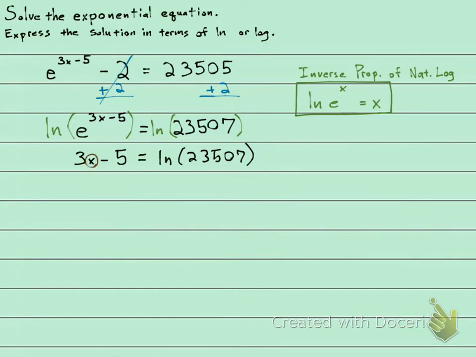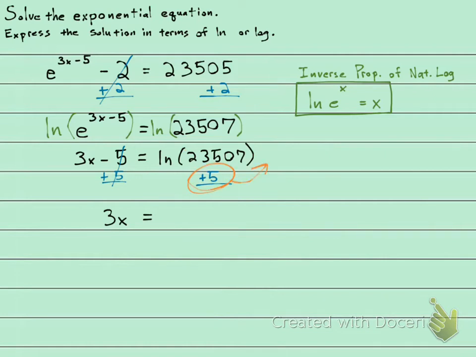Okay, now we just have 2 steps to get our grumpy x all by herself. She wants to get rid of this minus 5, and then she's going to want to get rid of this times 3. So to get rid of the minus 5, we'll add 5 to both sides. Negative 5 plus 5 is 0. So I have 3x on the left equals, and now when you look at the right, you can't combine these two numbers because this one is inside of the natural log and this one is not.